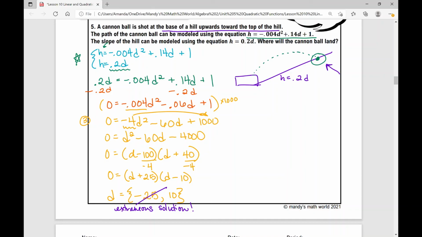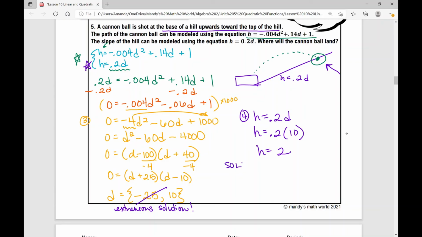The distance is 10. What's the height up the hill? I can take that d value and plug it into any equation. I'm going to plug it into this one right here. h equals 0.2 times d, which means h equals 0.2 times 10, which means the height is 2.